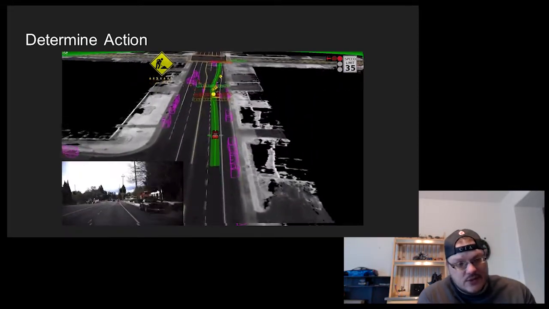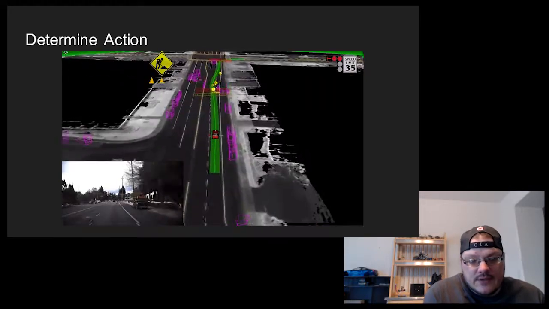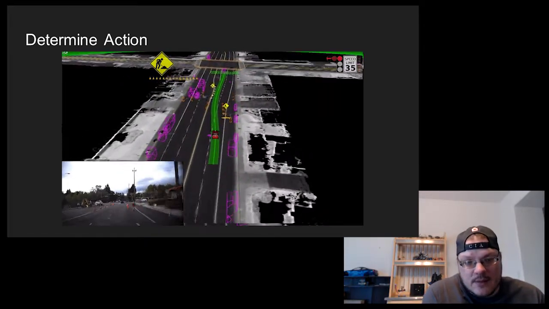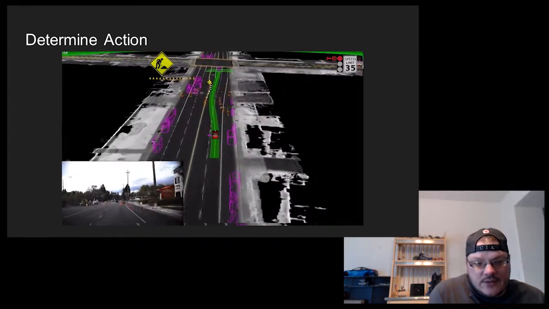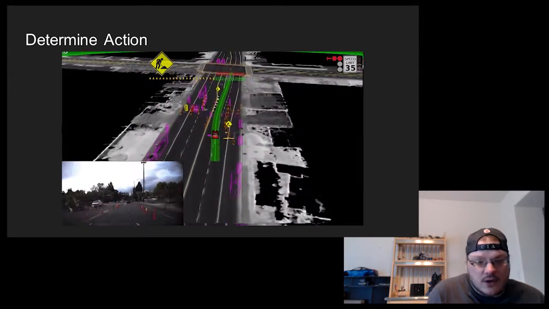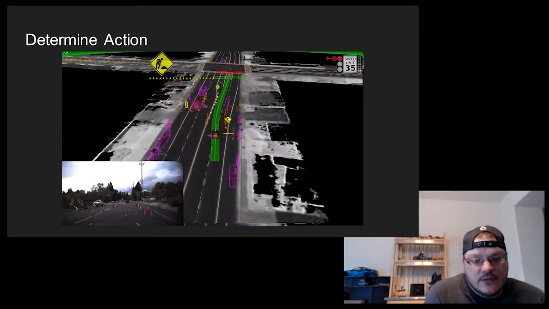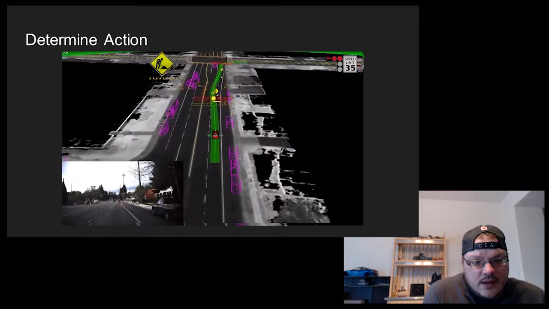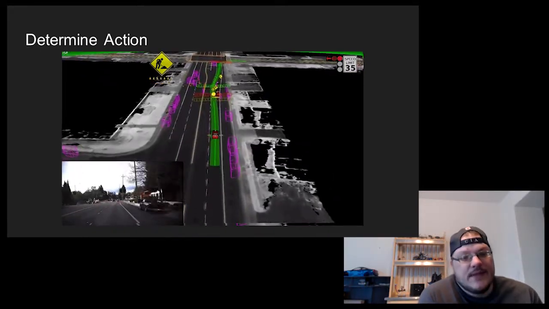And this goes back to the trajectory calculations. You can determine that this person is not stopping for the light. And based on those trajectories, it looks like it'll collide with the car. So the car will come to a stop to make sure that person running the red light will miss the autonomous car, even though the light is green for the autonomous car.